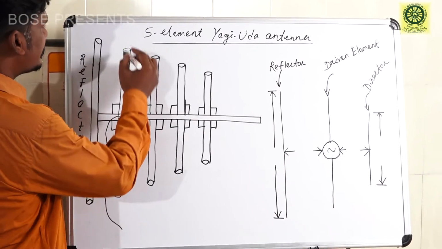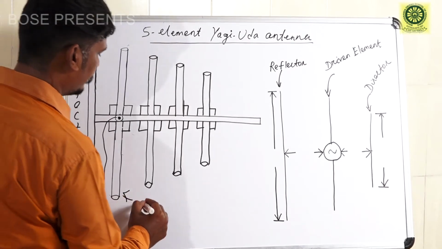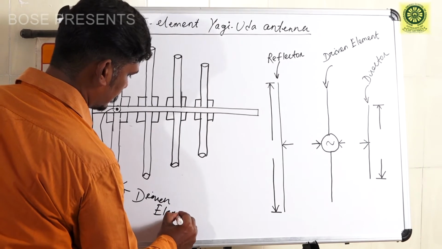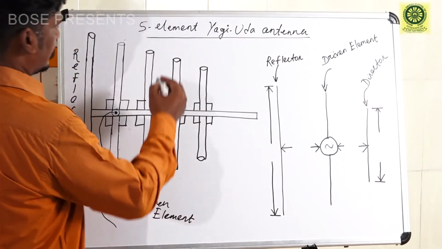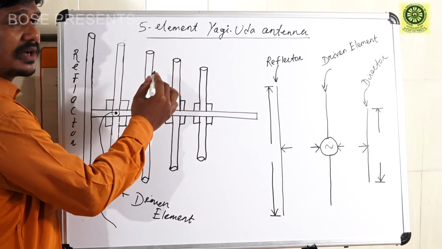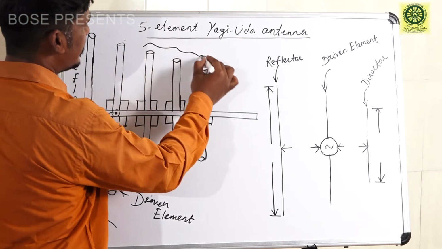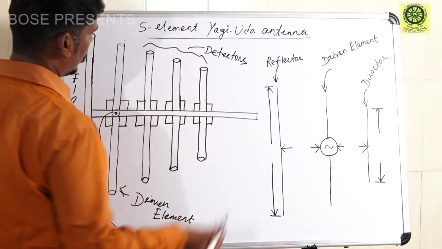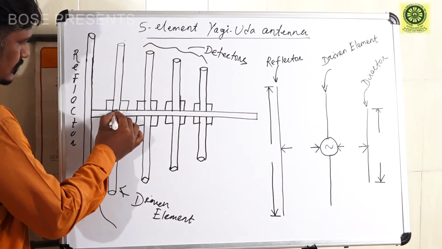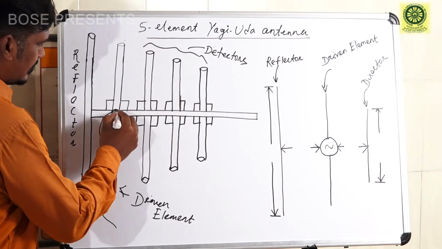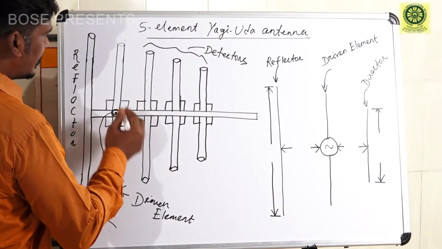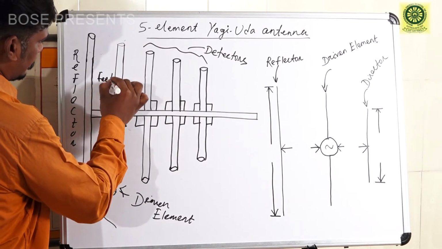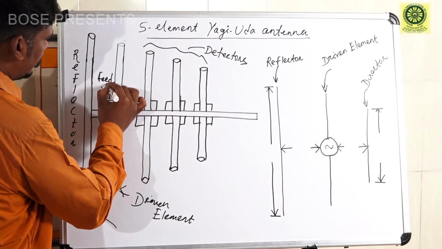The second element is our driven element. And we can use more than one director. So these 3 are directors. Here we give supply or take the connection from the driven element. So it is the feed or feeder point.